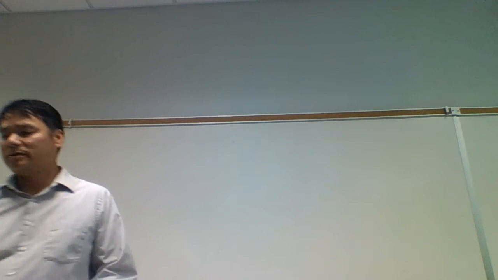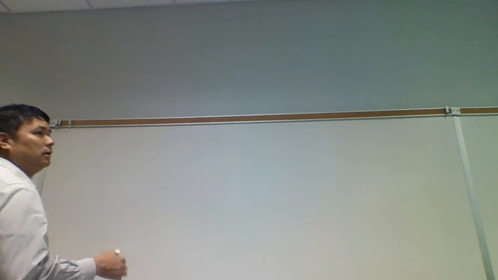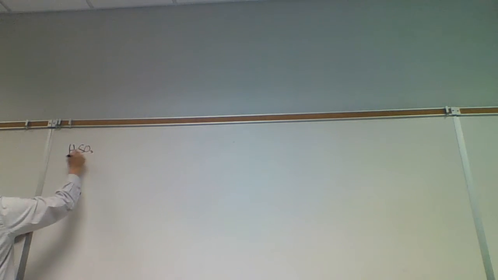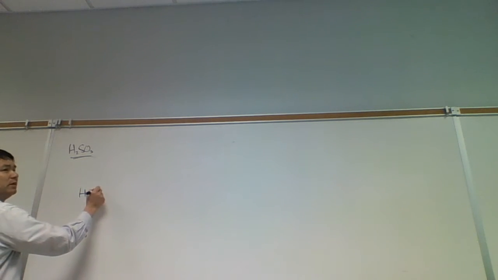Now, sulfuric acid and sulfurous acid are complicated in this sense. And so let's first take a look at H2SO3. When we do H2SO3, what do we have? Well, we have this structure.